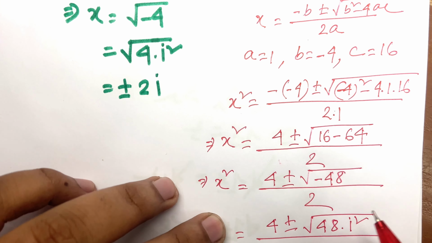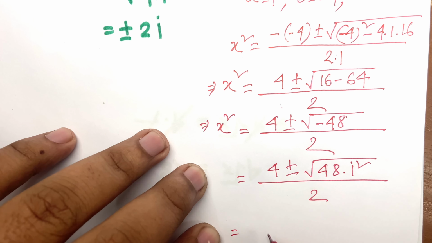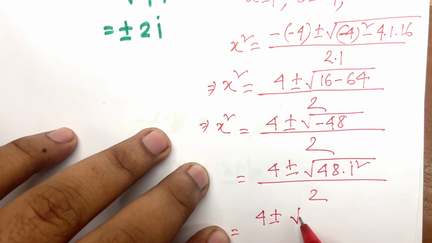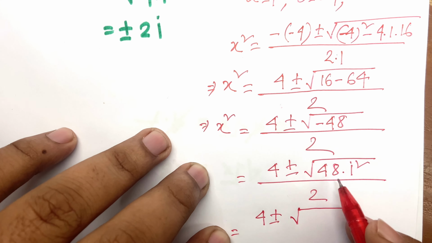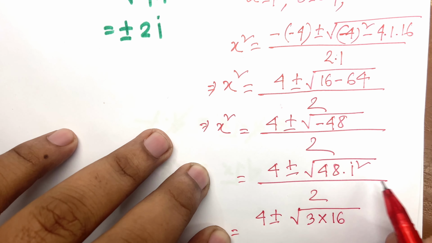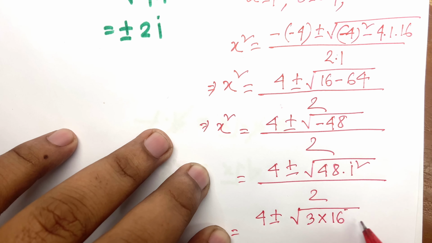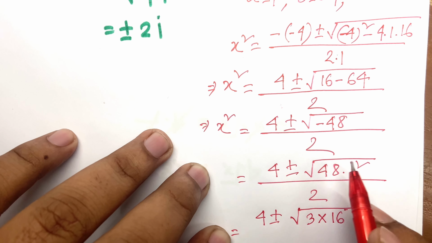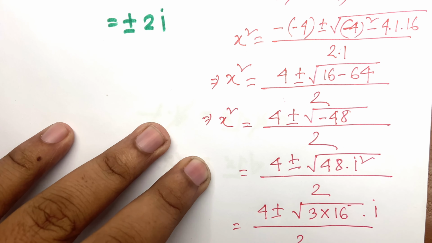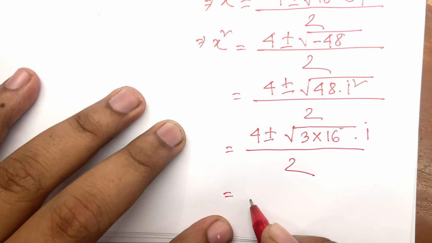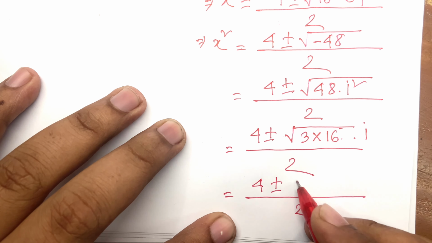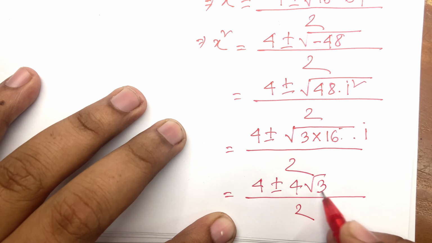We know that i square is equal to minus 1, so I can say easily 4 plus minus root over 3 multiply 16 equal to 48, and the square root of i square cancels, so now I can say 4 plus minus square root 16 is equal to 4, here is square root 3 and i, over 2.